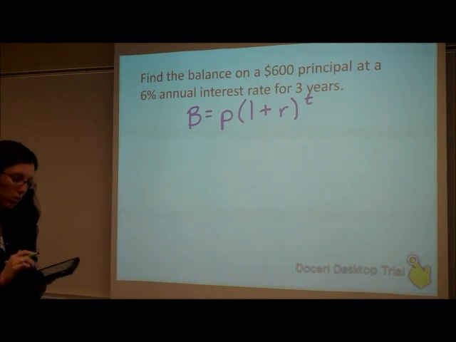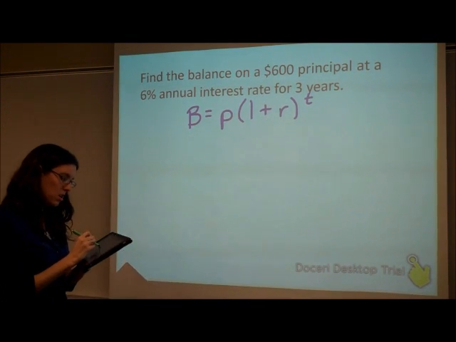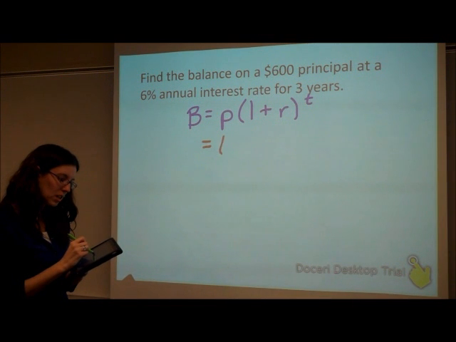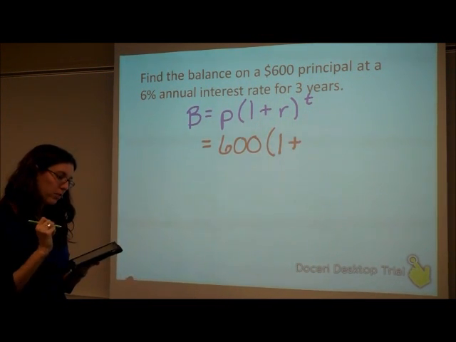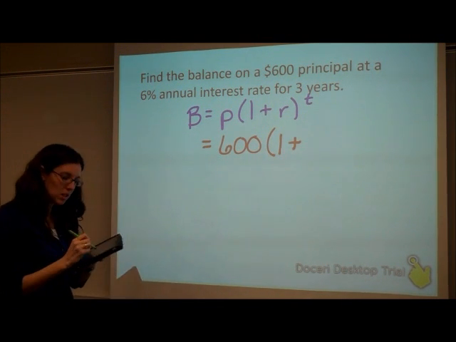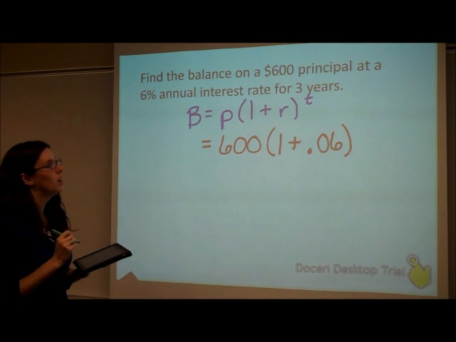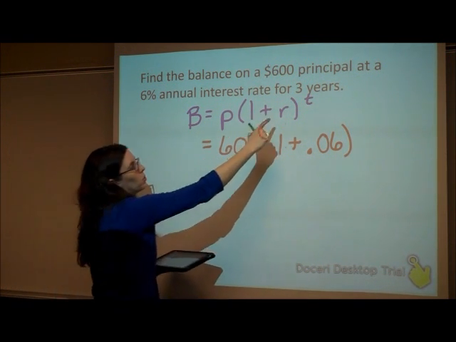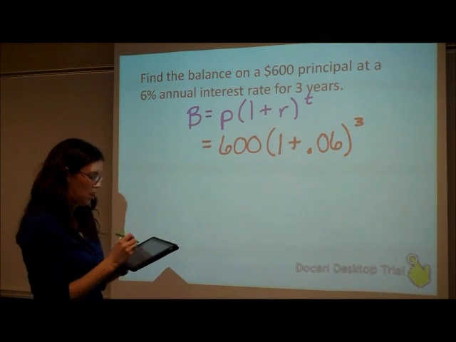Alright, now I'm going to go through and fill in numbers. I'm trying to find the balance on a principal of $600. 1 plus my rate was 6%, so I'll enter that in as 0.06. And then to what power? Well, I'm going to leave that in for 3 years, so that's to the third power.